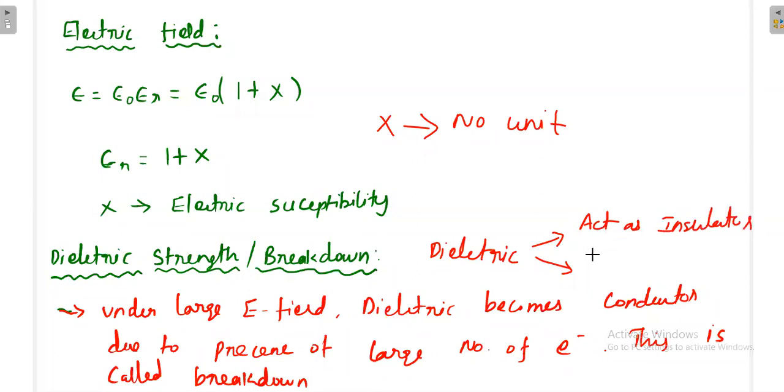In case of a capacitor, the dielectric stores the energy, or otherwise it can be used as an insulator also. So dielectric acts as an insulator and it stores the energy.